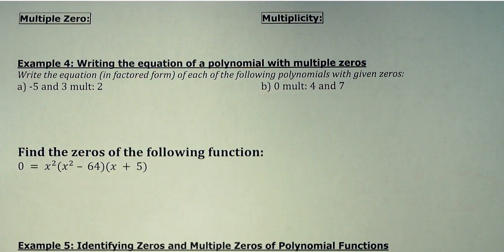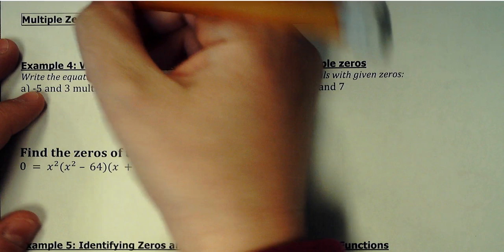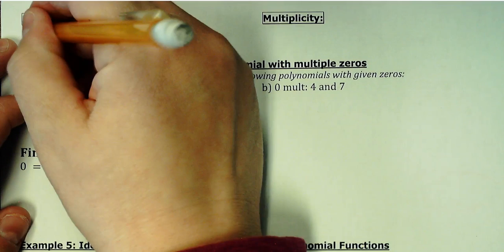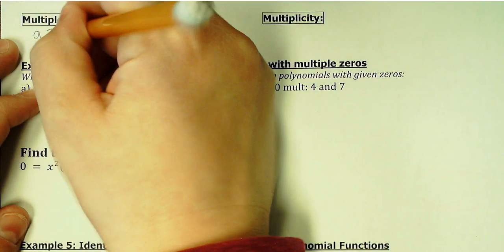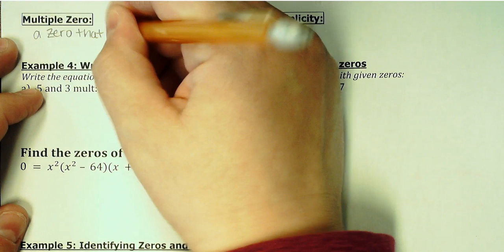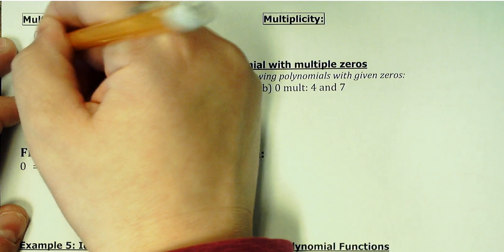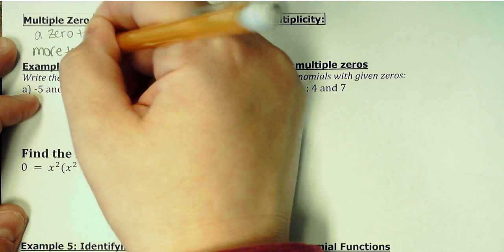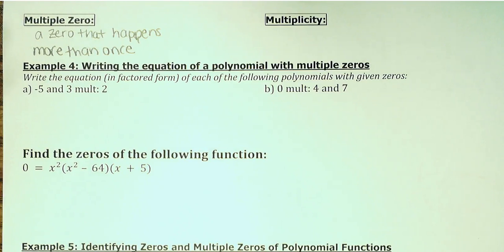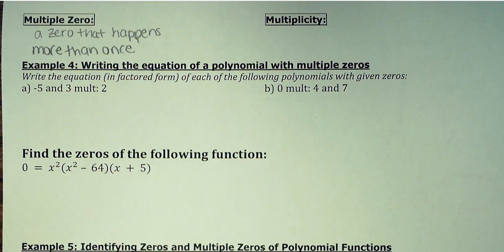Okay, now when you're talking about zeros, there's kind of what I would call a special case, which is called a multiplicity, or a multiple 0. So all this is a 0 that happens more than once. We'll get into this in a second, but if we have factors that are the same and we have a couple of them, maybe we have 3, maybe we have 4, that is a possibility for these.